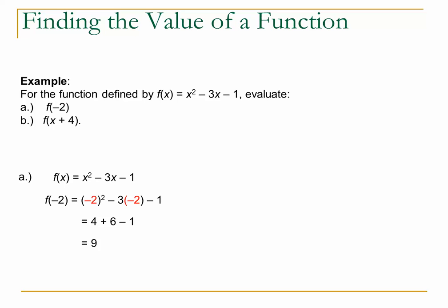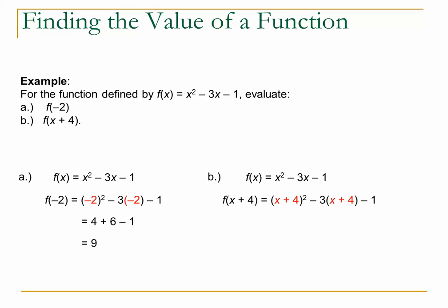So when you evaluate the function f for -2, the result is 9. To take that one step further, if you were to graph the function x squared minus 3x minus 1, you would see a point at (-2, 9). (-2, 9) is a point on the graph, because we input the value -2 and it output a 9.